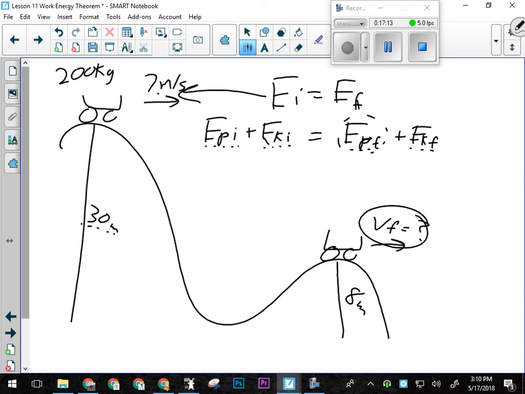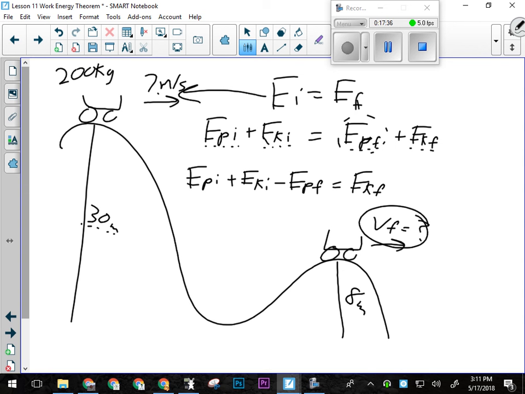So I'm going to move the potential energy over here by subtracting it over. So I'm going to have EP initial plus EK initial minus EP final equals EK final. All I've done is subtract the potential energy over here. So I'm saying the mechanical energy minus the potential energy equals the kinetic energy.